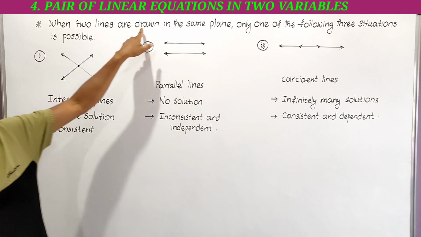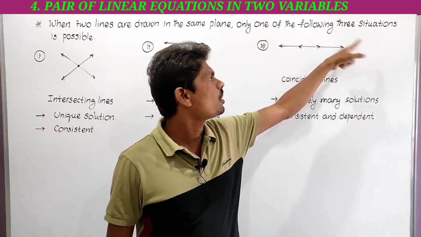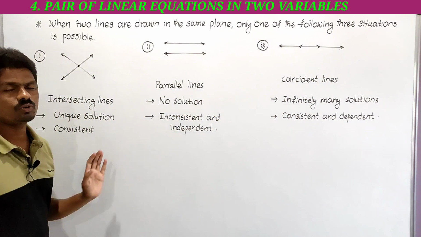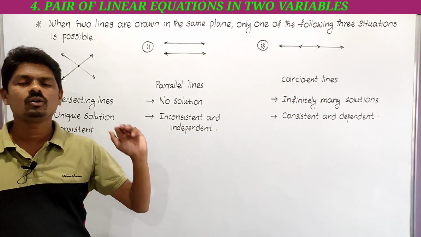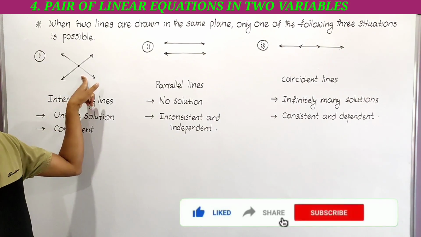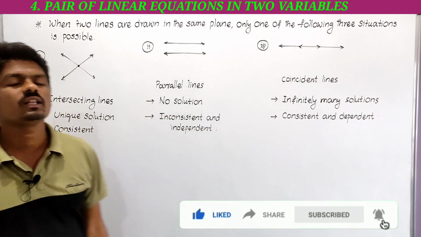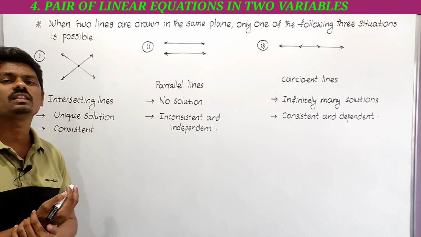When two lines are drawn in the same plane, only one of these three situations is possible. They can be like this, like this, or like this. It is not possible to draw them any other way.